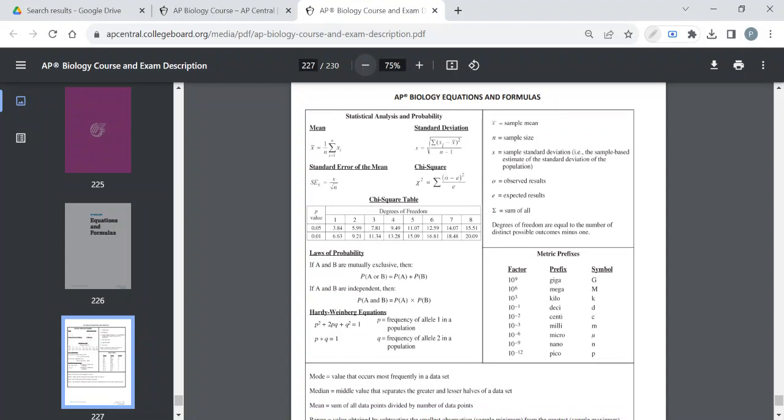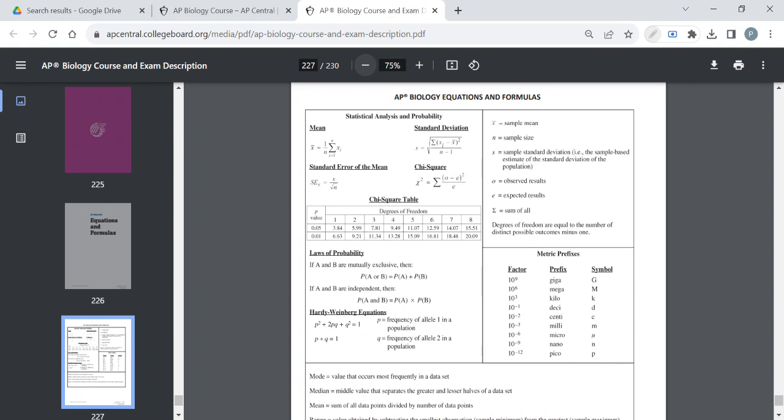Standard error of mean is figuring out a little bit more of how much your data is different by. Chi-square is going to be used for testing the null hypothesis and alternative hypotheses.